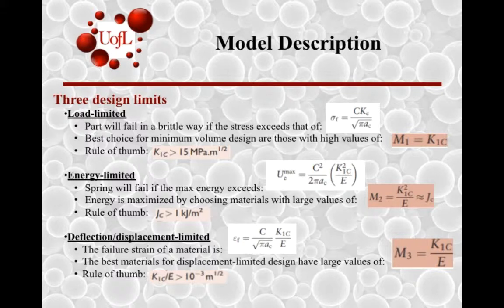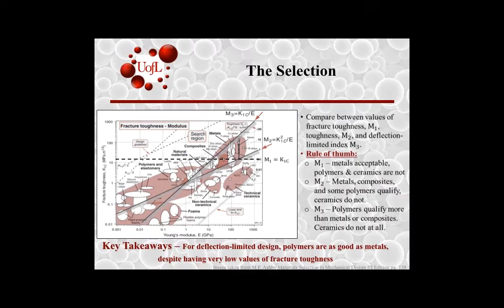So specifically for this experiment with polymers, it's talking about deflection or displacement limited, and this is the specific one they focus on, but as you're going to see in the next slide, they actually do well in both of these areas, even though they don't do as well in the first category. So this is the selection process.